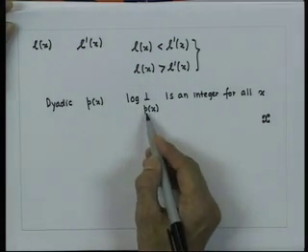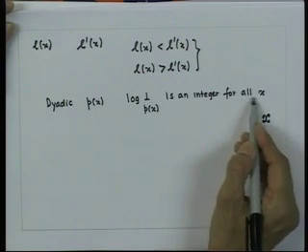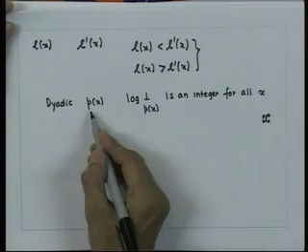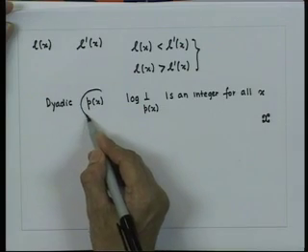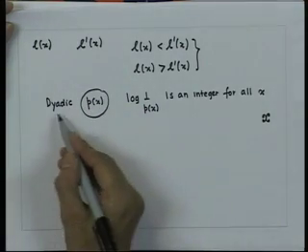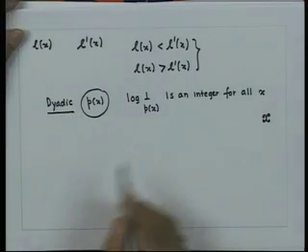So, if log of 1 by p x is an integer for all x, then the probability mass function which is given by p x is known as dyadic.